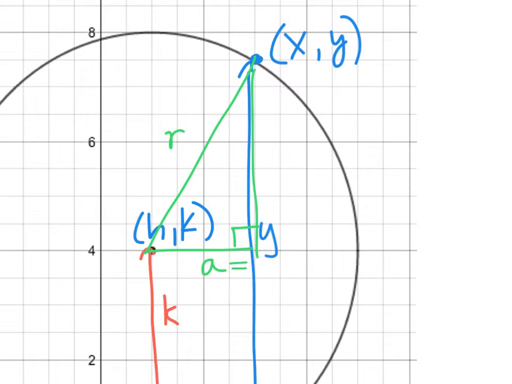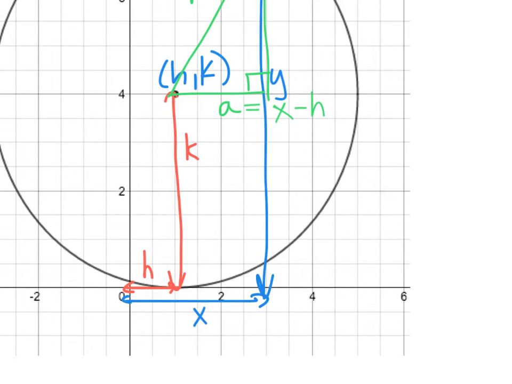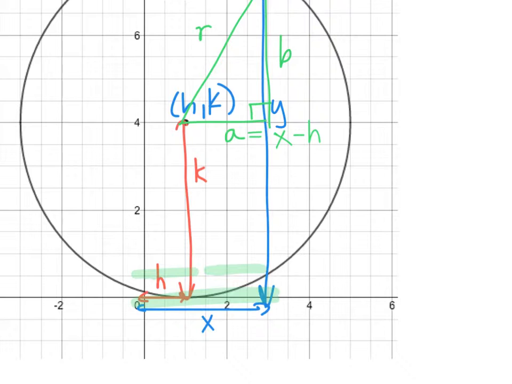How long is a in terms of h, k and x, y? X minus h. Okay, why is that? x is this much, h is this much, so a has to be the leftover. Yeah, okay. All right, using the same logic, how high is b? Yes, y minus k.